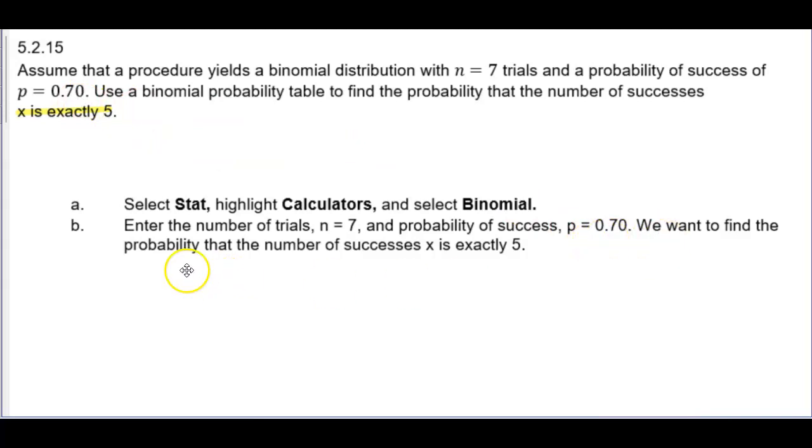And we want to find the probability that the number of successes x is exactly 5. It's really important to make sure that you understand how to put this in a probability symbol. Probability of exactly 5 is the same thing as the probability of x equals 5. And then you're going to click compute.